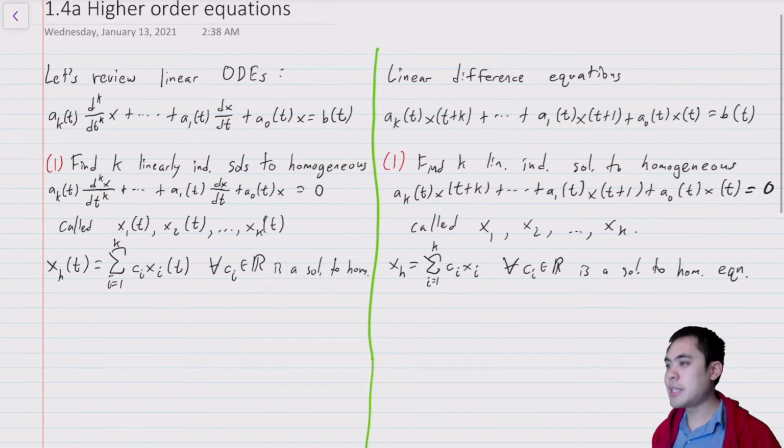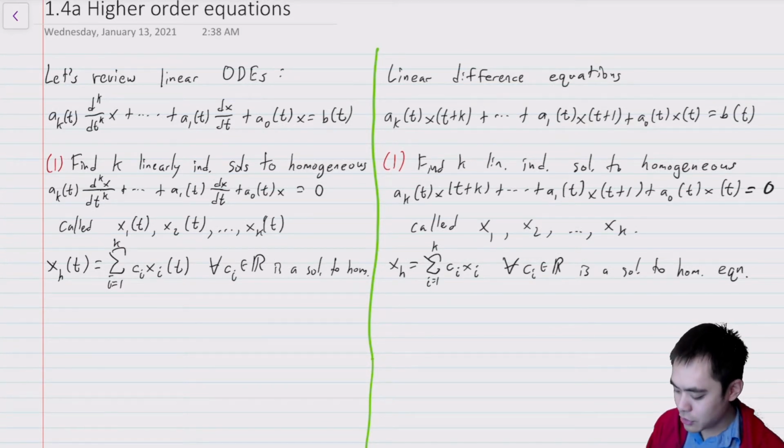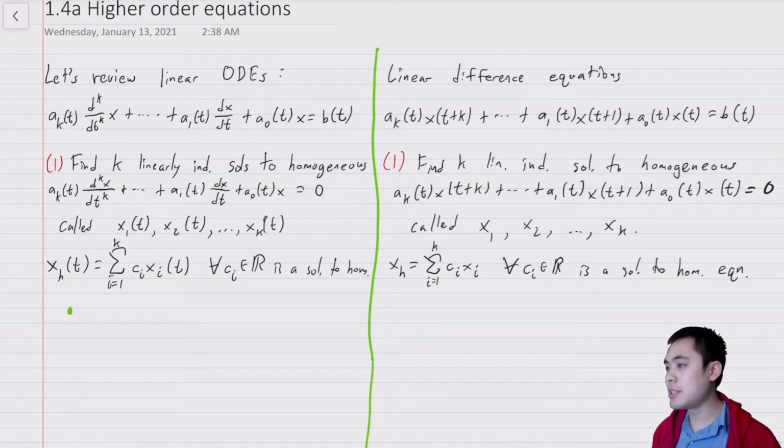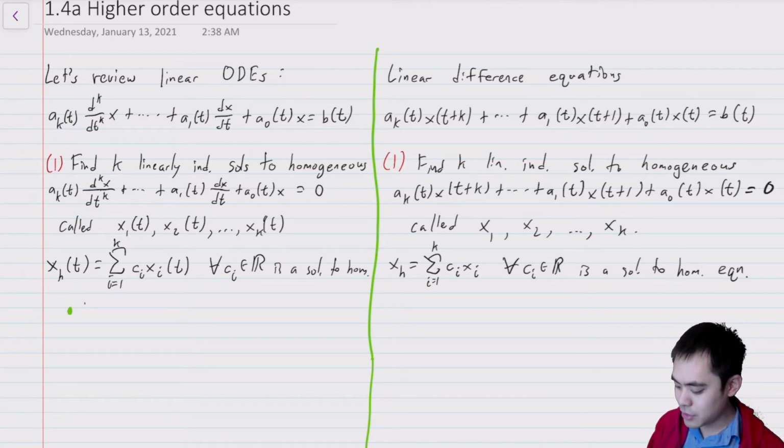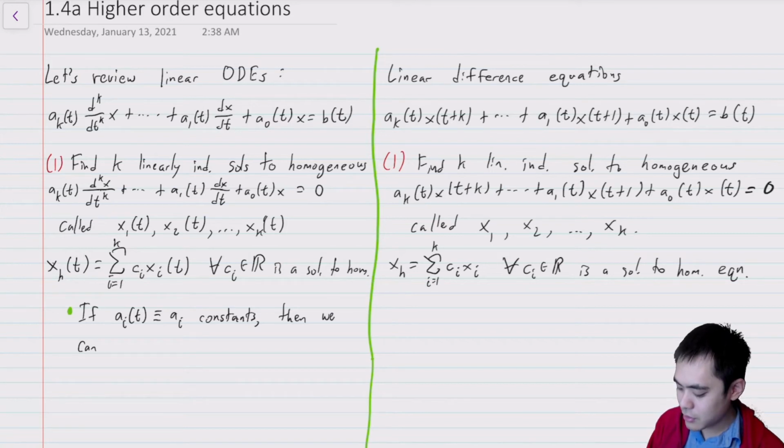Okay, and so let's actually specialize a little bit now. So in the case where the coefficients a_i of t are constants, so if a_i of t is identically equal to a_i constants, then we can use the characteristic equation.